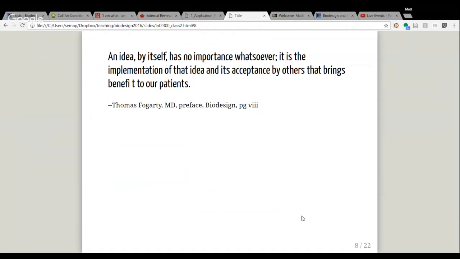And in this case, talking specifically about medical and biomedical intervention. I've also heard this stated as the idea has no value, which is such a strong statement when we're used to thinking that an idea has a kind of property characteristic to it that allows for economic generation, and that all you really need to do is, if you have a good enough idea, the rest of it devolves from that.